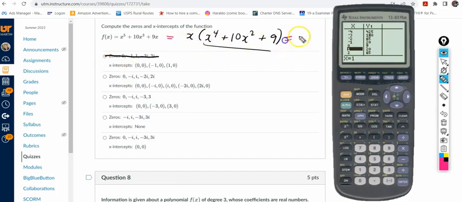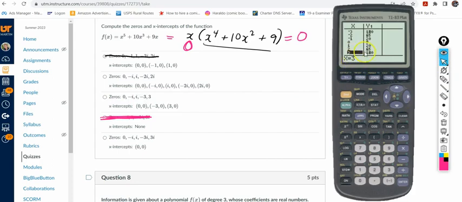Because if I put this equal to 0, then you can see if x itself is 0, that'll make the whole thing 0. Okay, so this one does not include 0. And if 3 and negative 3 were zeros, I would have x-intercepts at 3 and negative 3.